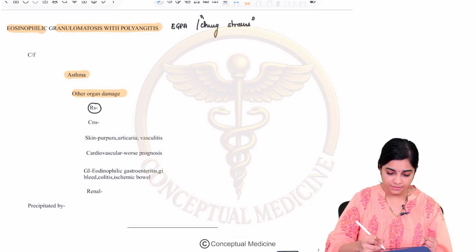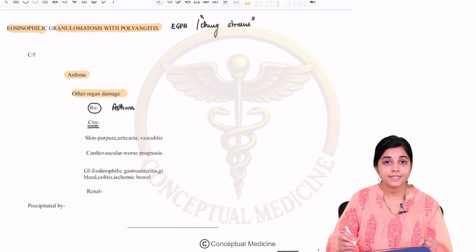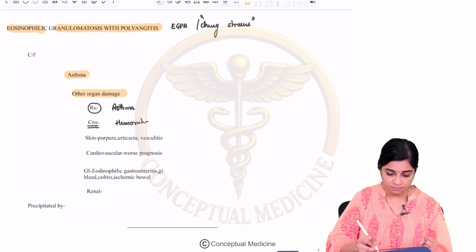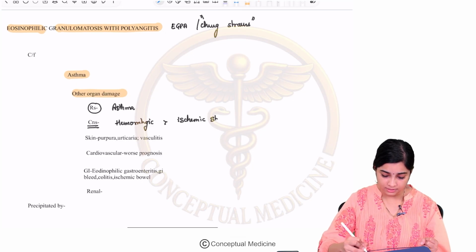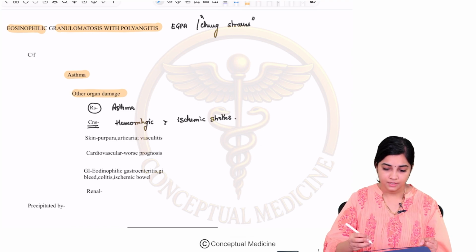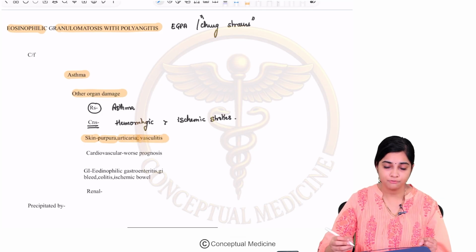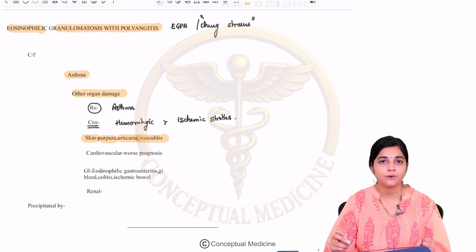In the respiratory system, it predominantly presents as asthma. In the central nervous system, they have a high risk of hemorrhagic more than ischemic strokes. In the skin, you can find purpura, urticaria, and evidence of vasculitis. Why do you find all of this?